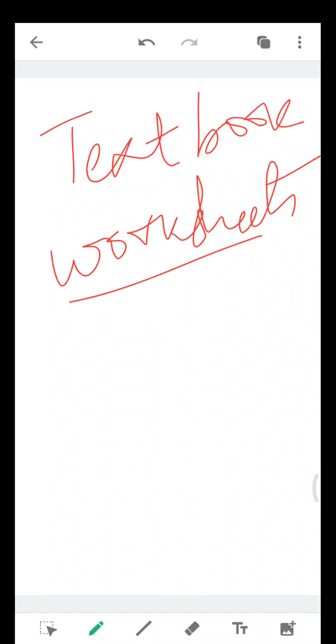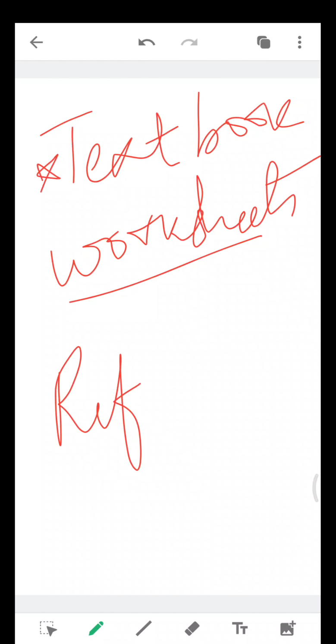And if you have a reference, you can refer to some questions from the reference which we have not covered. The most important are the textbook, the worksheets, or the homework questions which I was giving during those sessions.